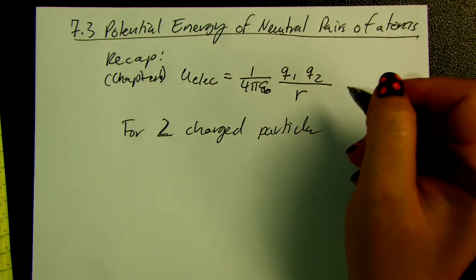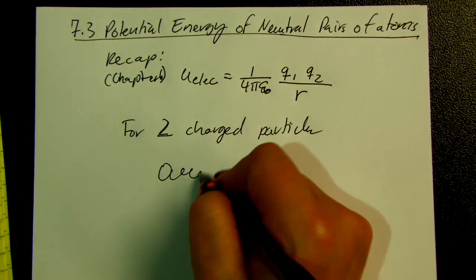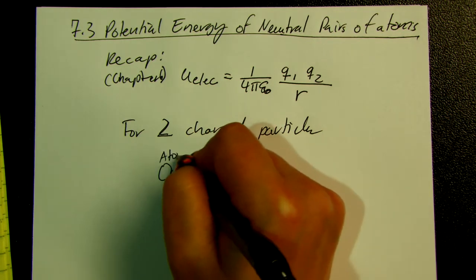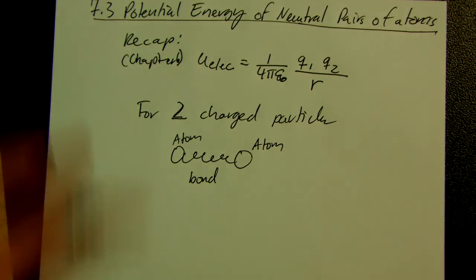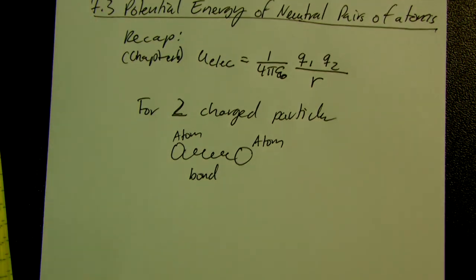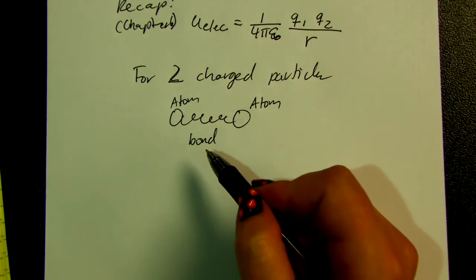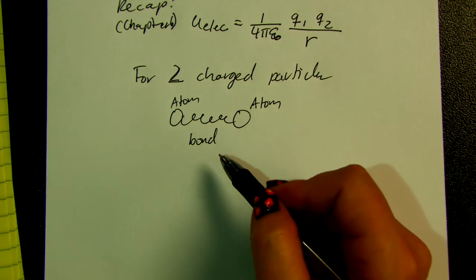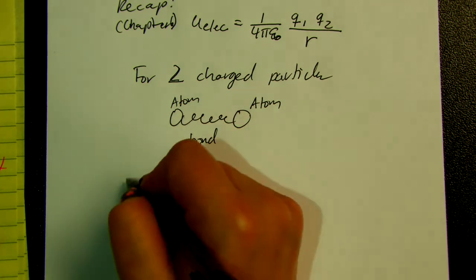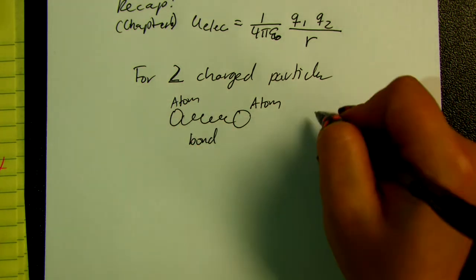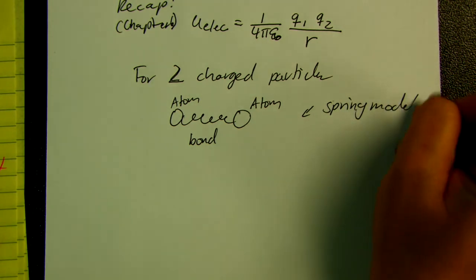Okay. Now, in chapter 4, we have talked about that there are spring-like interactions between atoms. And that's, of course, an exaggerated bond that I've drawn right there. And we've said that these interactions are electrical in nature, meaning that we're dealing with an electromagnetic force between the two of them. And we also have talked about the spring model of matter.